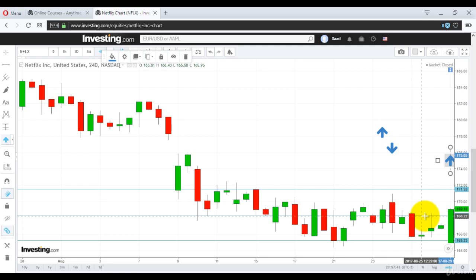Why? Because someone was developing this 3-method formation. And bearish 3-method formation means someone was short selling. Now, whenever this kind of green candle comes in, then this means the one who was short selling is now in a trap. Oh God, he's gone.